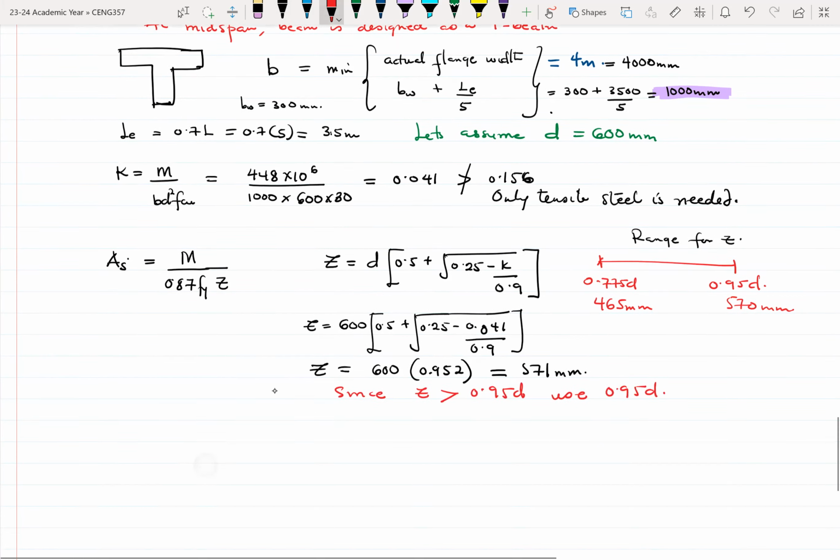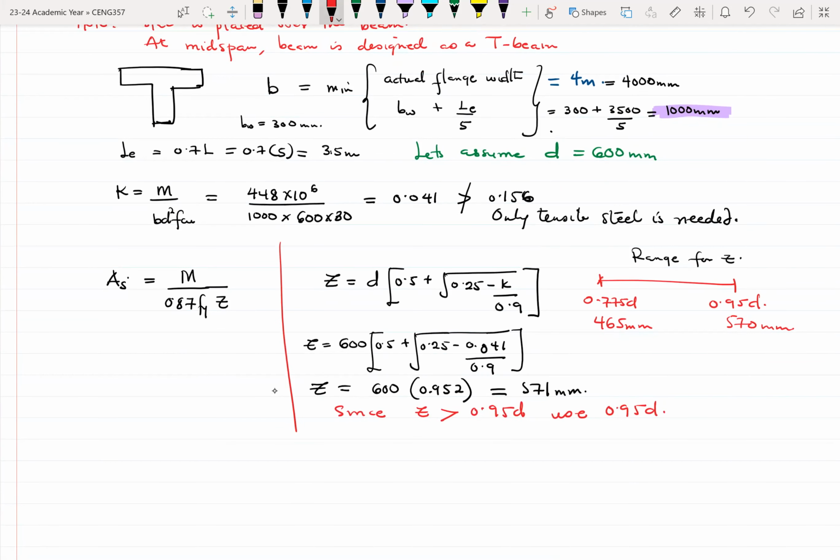So my AS here will be equal to the M, which is 448 times 10 exponent 6 divided by 0.87 times an FY of 460 times a Z value of 570.